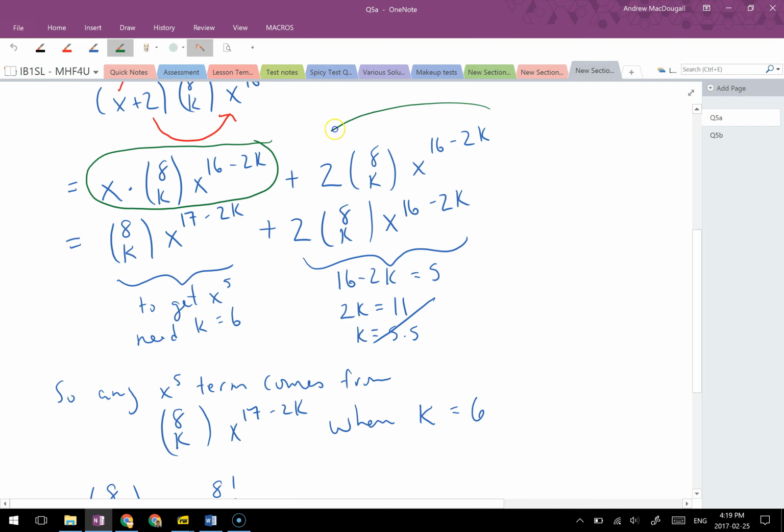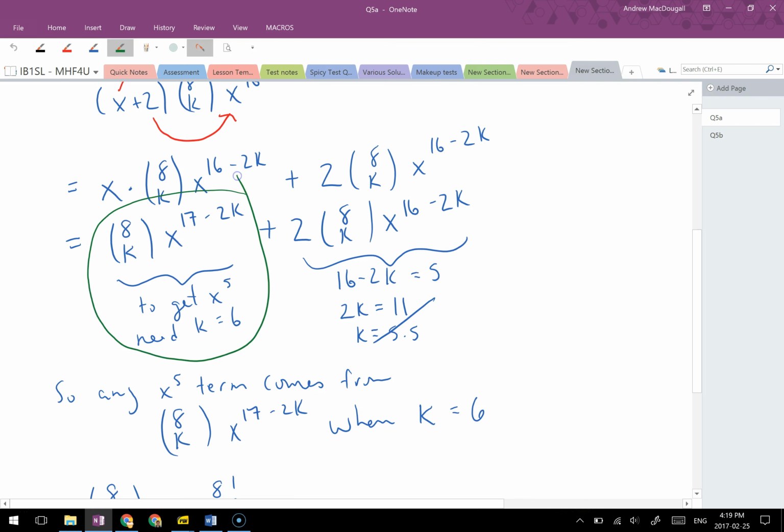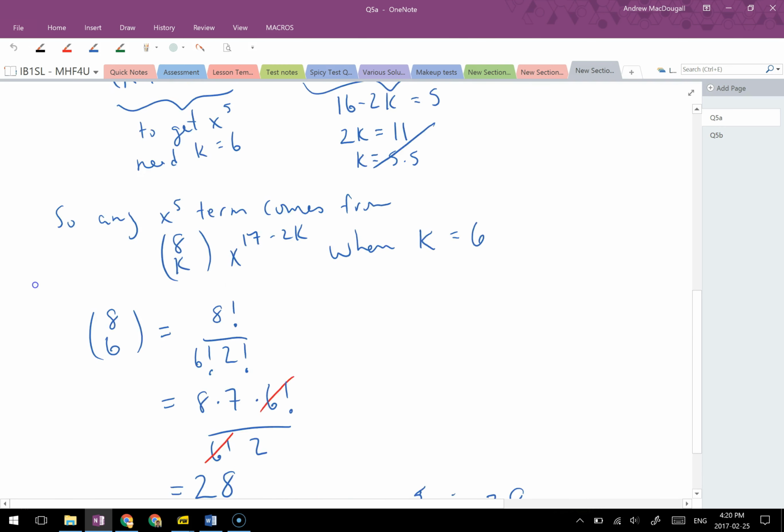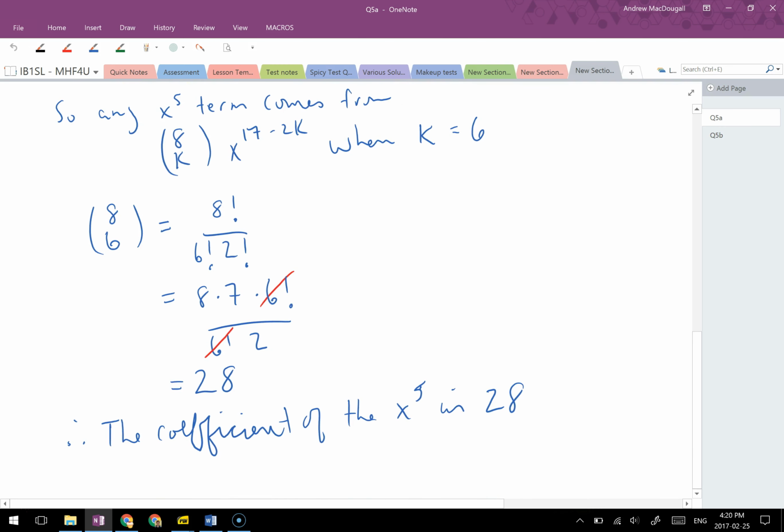The leftmost changes the power on x, so we have to consider both types of terms separately. And in fact, in this particular case, only the left terms could really contribute to an x^5 term. We figured out we needed k to be 6, and we substituted it into the general form for those terms and got 28.